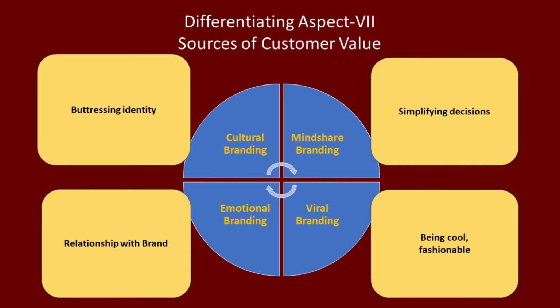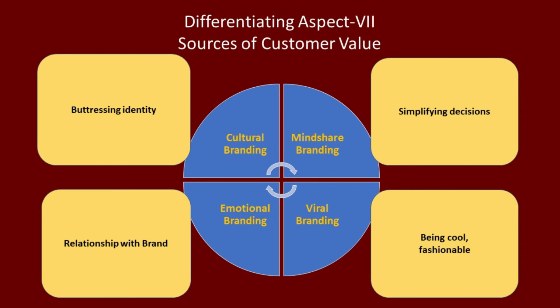Sources of customer value is the next differentiating aspect to study. Again, it differs in different models. When marketing activities are based on the cultural branding model, the uniqueness of identity is the major source of value addition. Whereas the ability of a company to simplify decision making is considered the major source of value addition when marketing activities are based on the mindshare branding model.